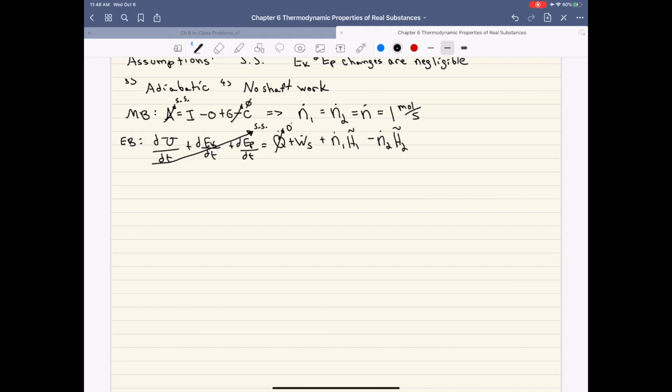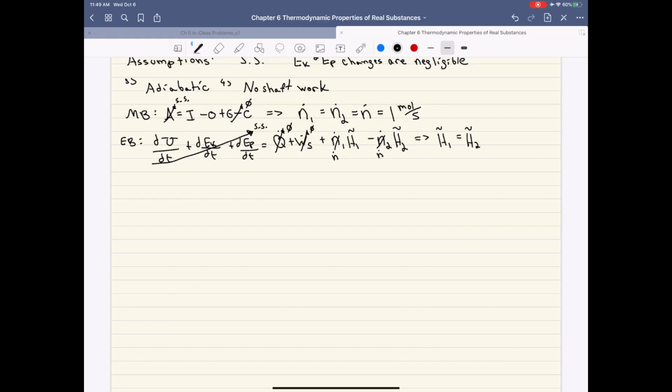We don't have any heat. We don't have any shaft work. Both N1 and N2 are just equal to N dot. In fact, we could factor that out and divide 0 by that. And so in the end, what we get is that the inlet molar enthalpy is equal to the outlet molar enthalpy. So this is a result that we've seen before when we have done valve analyses.